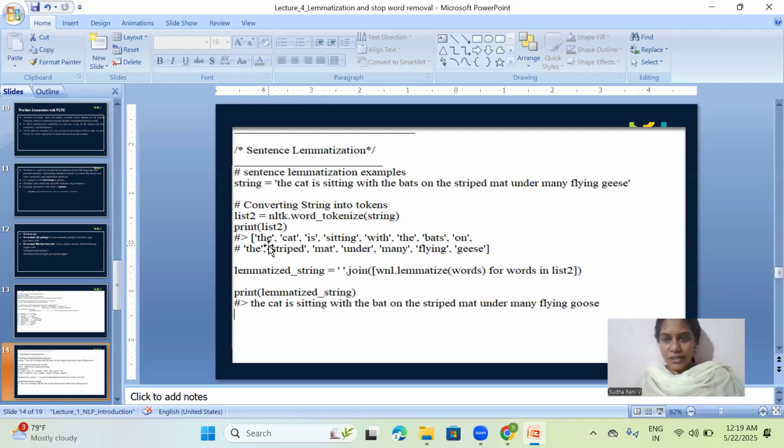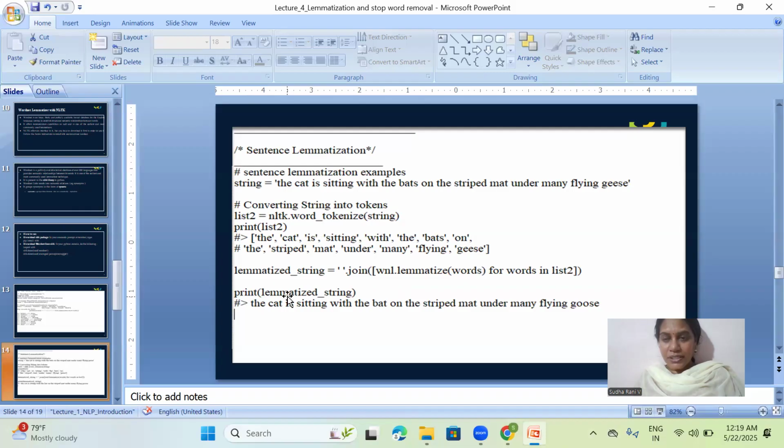We have to divide every word: the, cat, is, sitting, with, the, bats, on, the, striped, mat, under, many, flying, geese. Like this, the sentence is completely divided into single words.